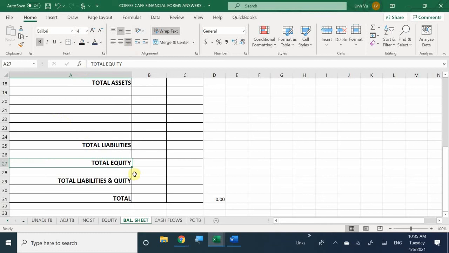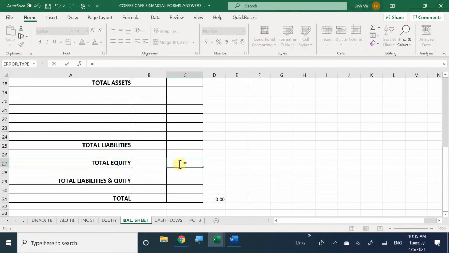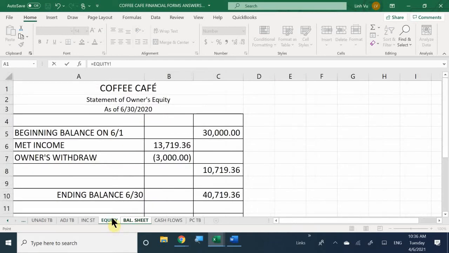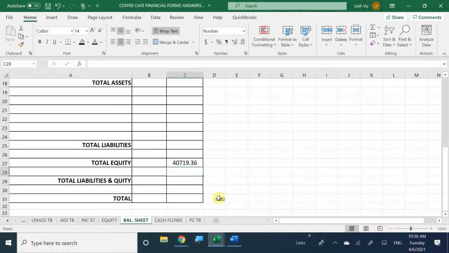We know what this number is; we just solved it from our previous statement, the statement of equity. I'm already given one of my parts in the accounting equation: assets equals liabilities plus equity. I'm already given equity. So now I need to solve for my total assets and my total liabilities for this statement to hold true.